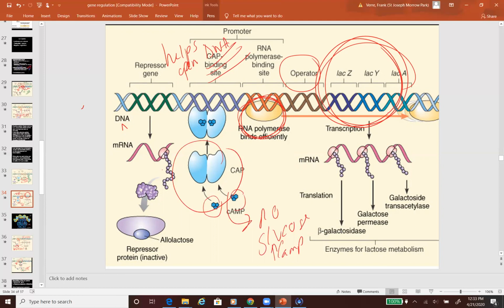Okay, so these are three examples of regulatory proteins that you can clearly see. They're proteins that are attached to the DNA, and they either turn the gene on or they turn it off.